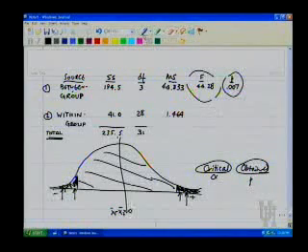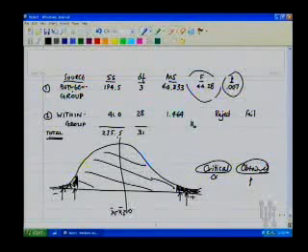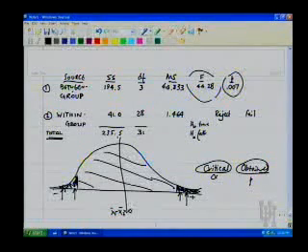We are willing to take a 1 in 100 chance of committing a type 1 error. If we go back to that 2 by 2, where the researcher can either reject the null hypothesis or fail to reject the null hypothesis, the null hypothesis is true or the null hypothesis is false, right?